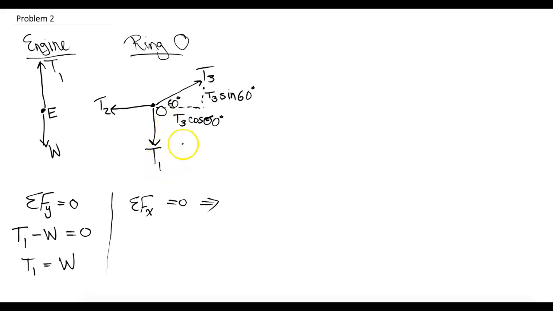And notice that T3 cosine theta is to the right, so that is a positive value. And then T2 is to the left, which is a negative value. And the sum of those two has to equal 0 because the engine, again, is not accelerating.